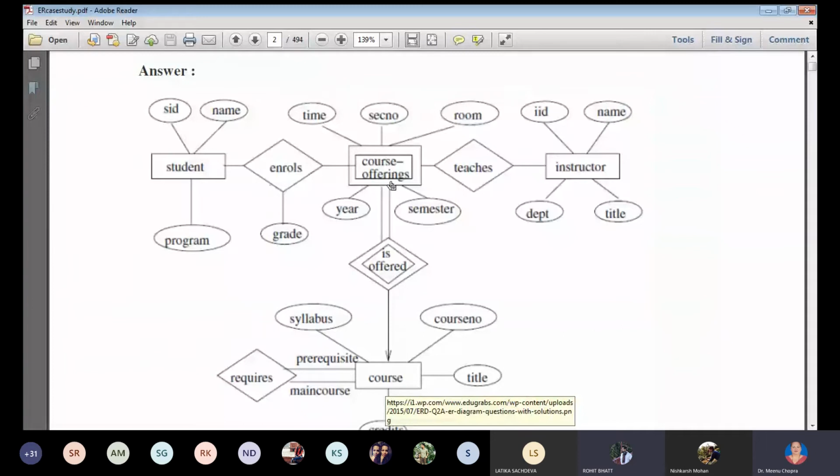What your course is offering is indirectly depended upon by your student and indirectly depended upon by your instructor. So first it is course. From the course comes the course offering, and after that, indirectly, instructors and students are dependent upon the course offering. But if there is no course, you cannot have the course offering.